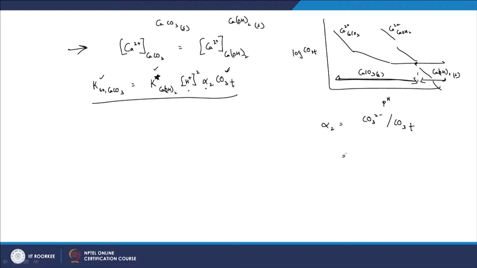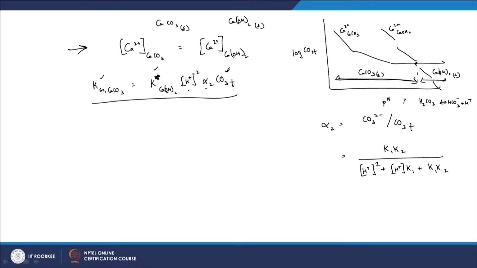But we also know we can express that as K1 K2 by H+ square plus H+ into K1 plus K1 K2. This is alpha 2, and K1 and K2 are the acid dissociation constants for H2CO3 dissociating into HCO3- and H+.